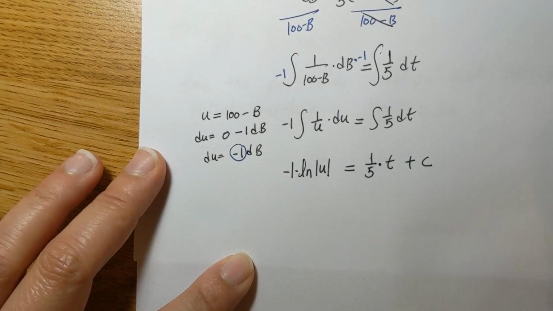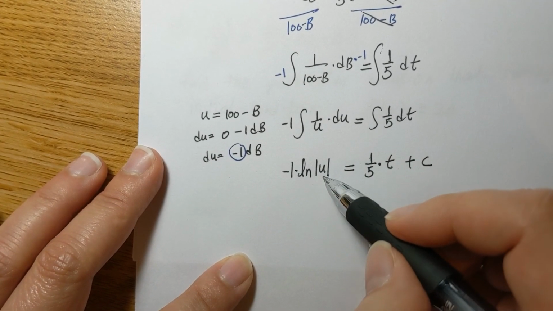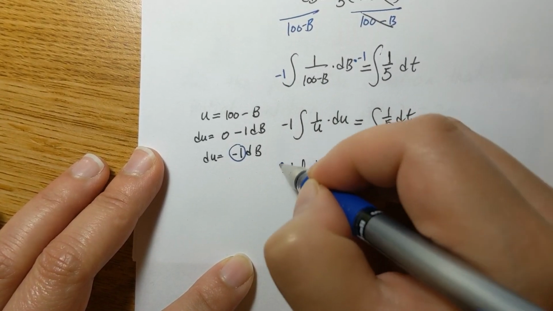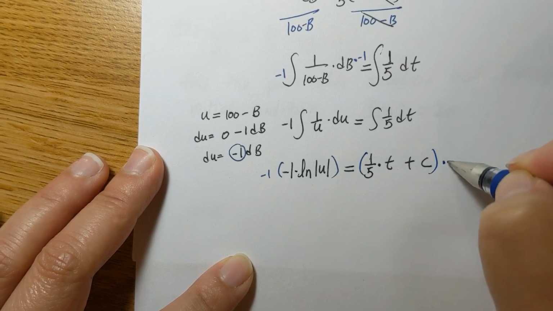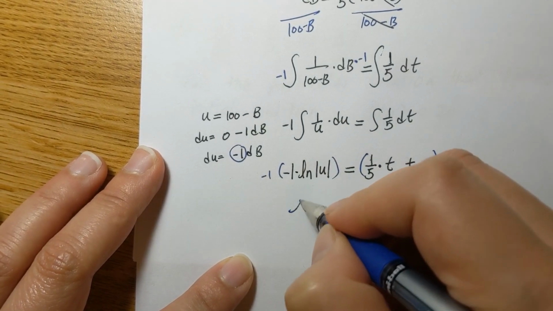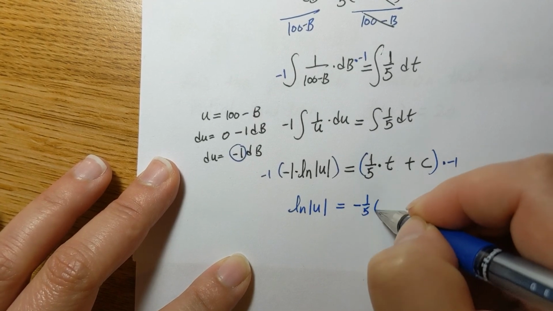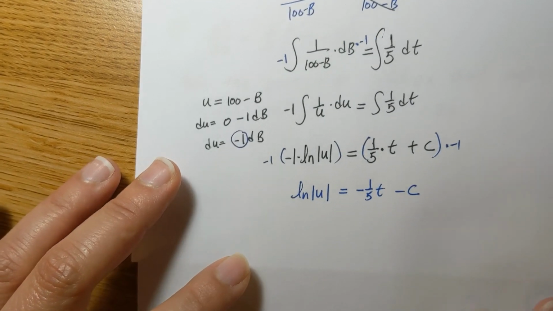So I want to get rid of the -1 before I substitute. So I'm going to multiply by -1 on both sides. So I'm going to get ln absolute value equal to -1/5 t minus c.